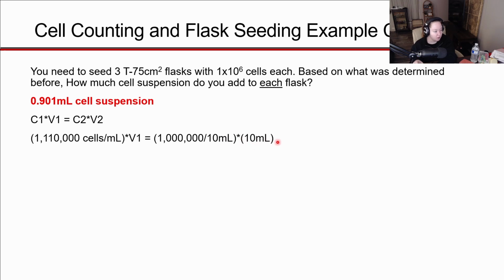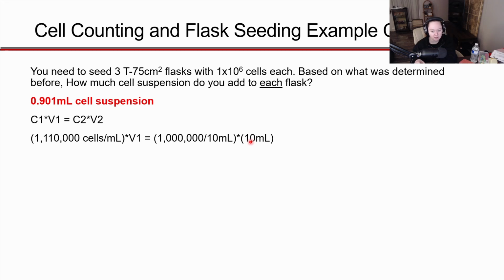If we were already pre-soaking these flasks, like they already had 5 milliliters in them, then you would plug in 5 milliliters here as the additional 5 milliliters that would need to be added to the flasks that already have 5 milliliters, if that makes sense. So if the flasks were pre-soaking in 7 milliliters each, you would put 3 here, because 10 minus 7 is 3.